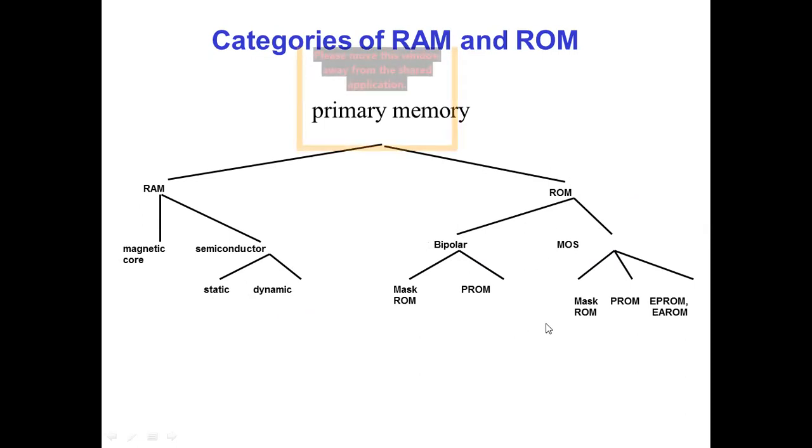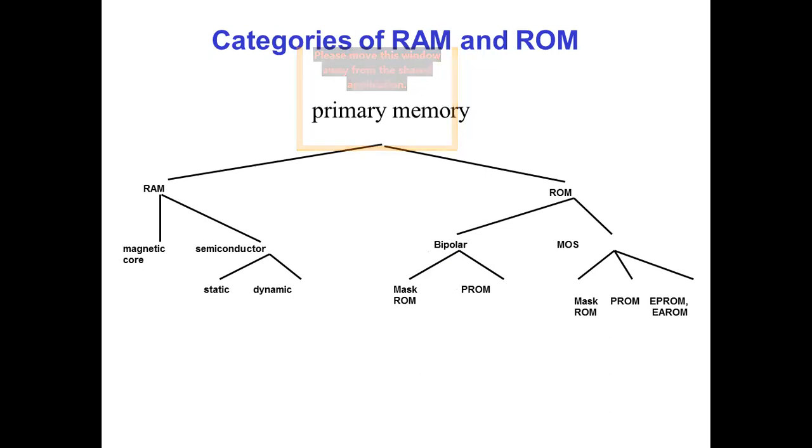Okay, so here we can use metal oxide semiconductors based on the MOS technology, and this is based on the bipolar technology. Earlier we were using transistors. Bipolar means we were using the transistor, and after that it is based on the MOS technology.